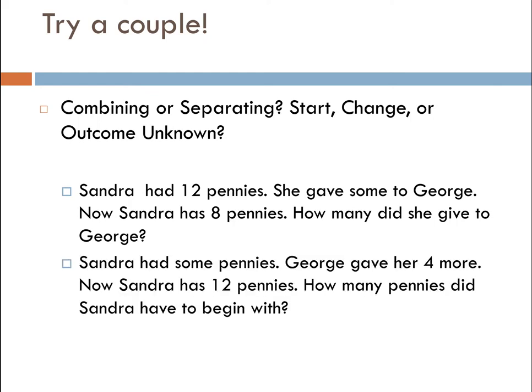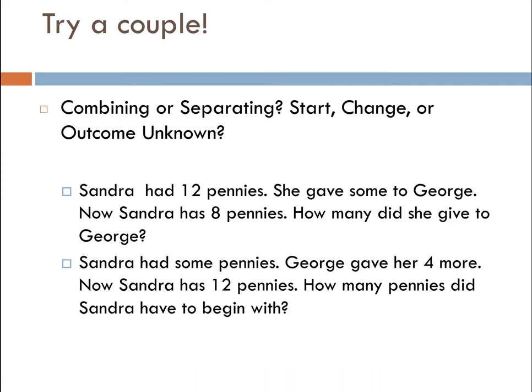Take a look at this. A similar problem, but maybe it's a little bit different from the first. I will read it, and you need to consider whether it is combining or separating, and whether start, change, or outcome is unknown. Okay? Sandra had some pennies. George gave her 4 more. Now Sandra has 12 pennies. How many pennies did Sandra have to begin with?